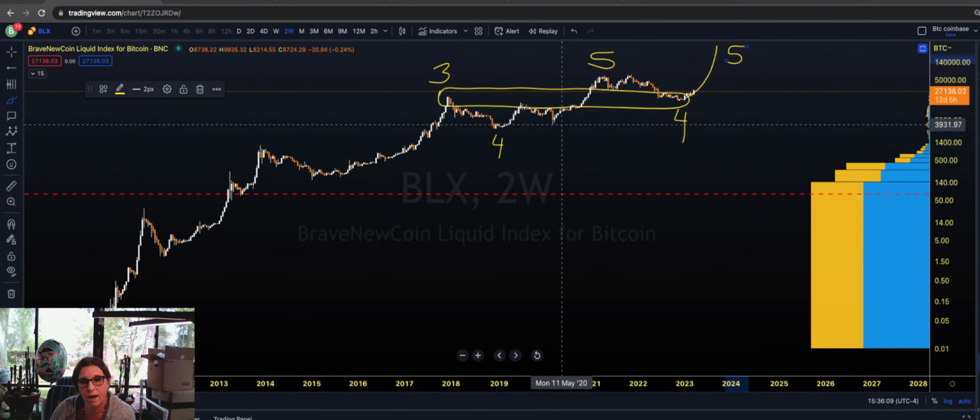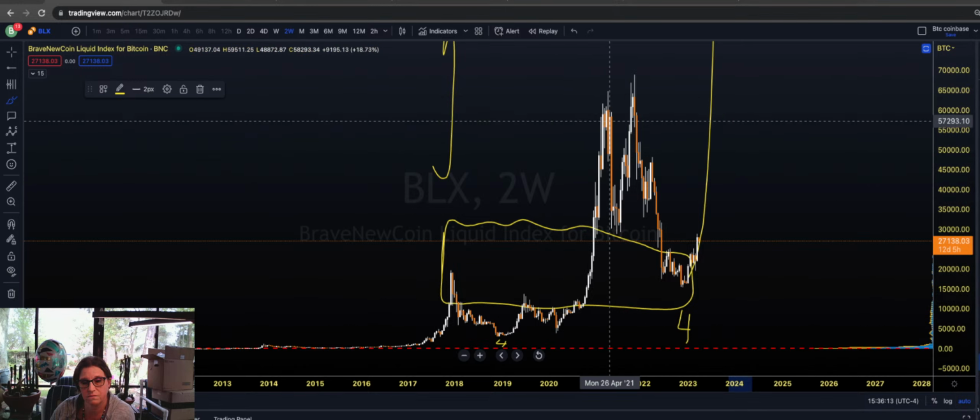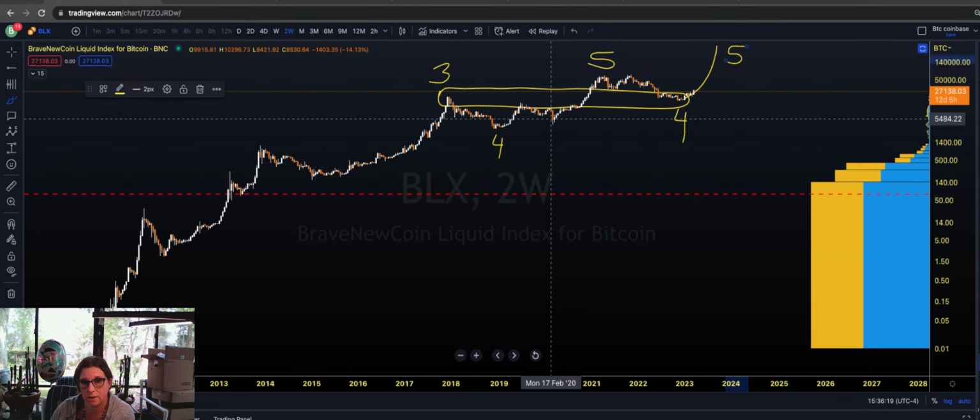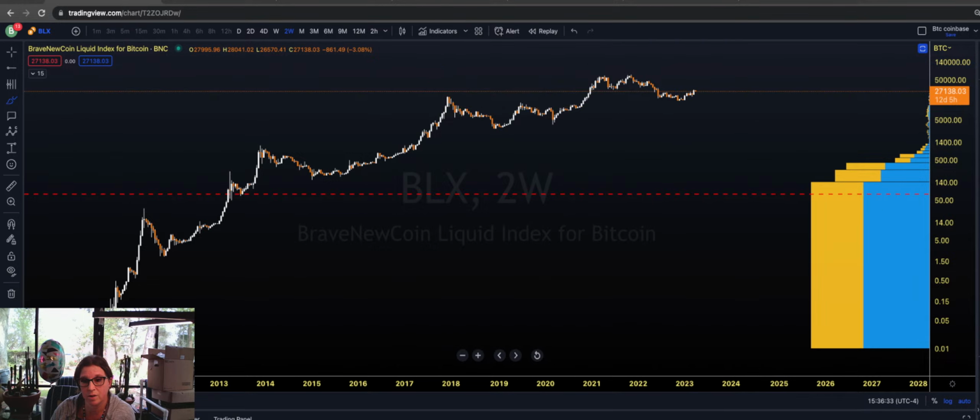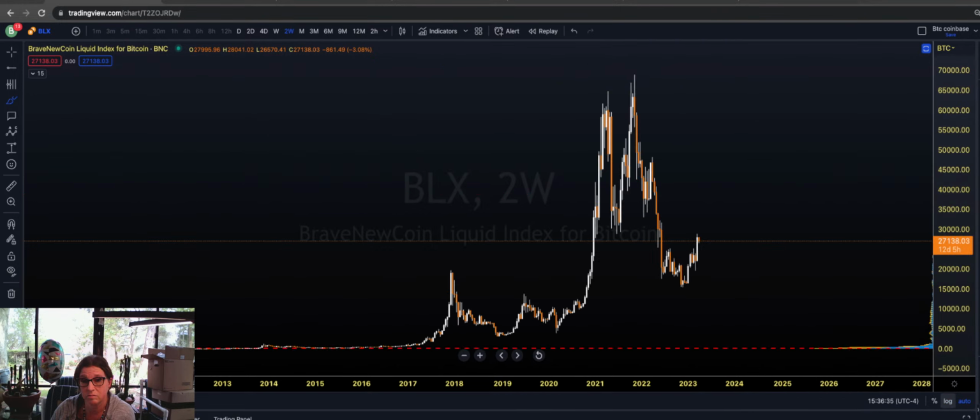Here's the thing. This would have to be a huge overextended 5th wave. And a $69,000 or $70,000 overextension? Maybe.